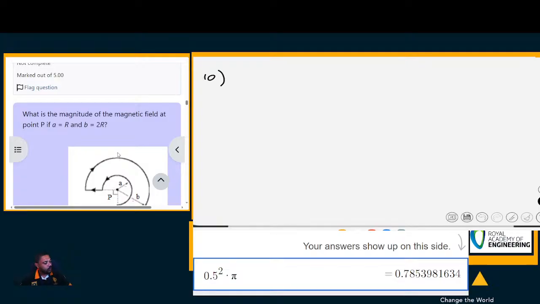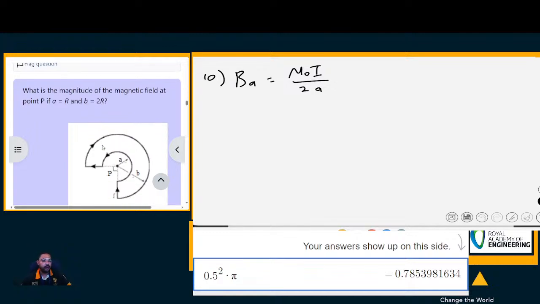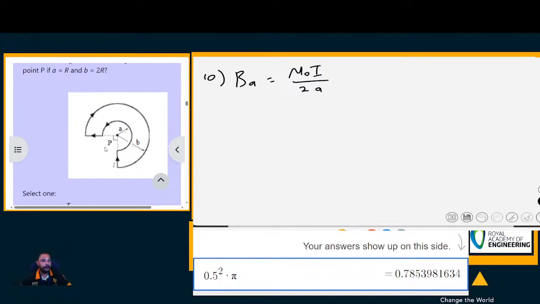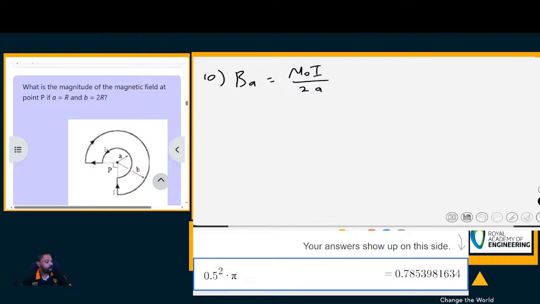Let's see. Now, the magnetic field due to the part with radius A is similar to what we did before. Remember, we have mu naught times the current over 2 times the radius of that circle, which in this case is A. And it is 3/4 of a circle, so it's times 3.